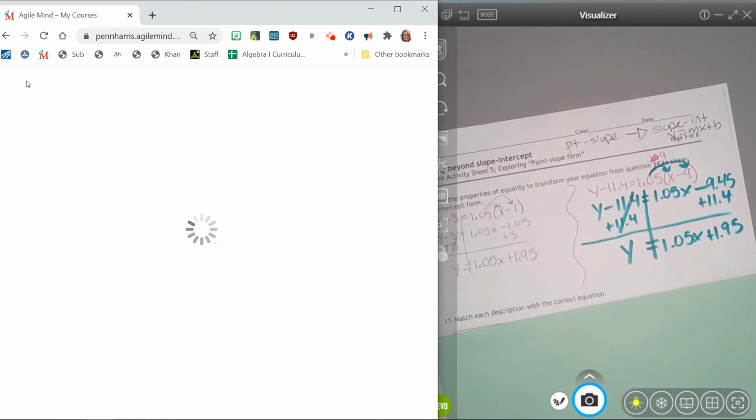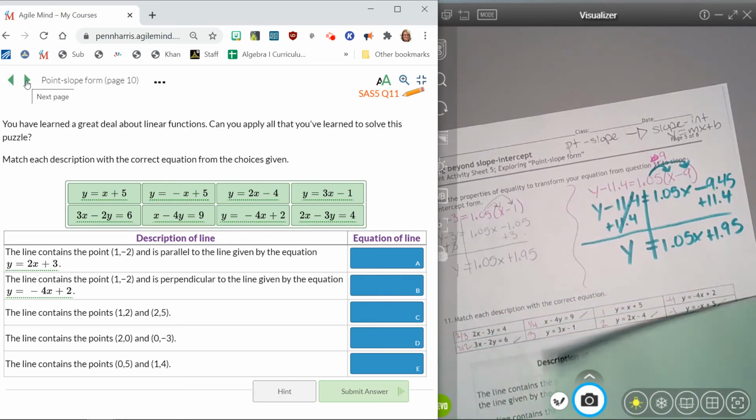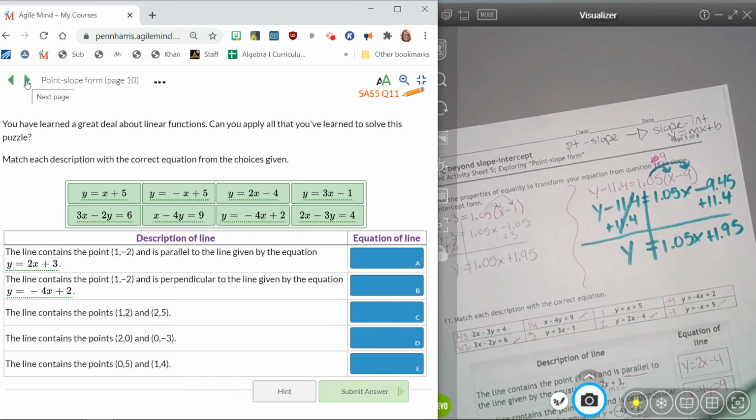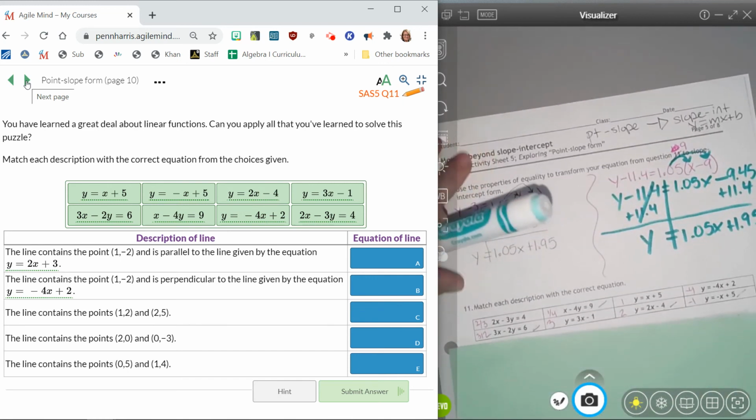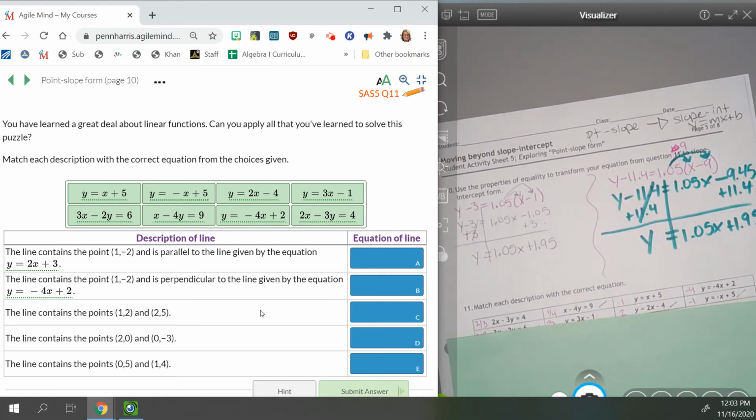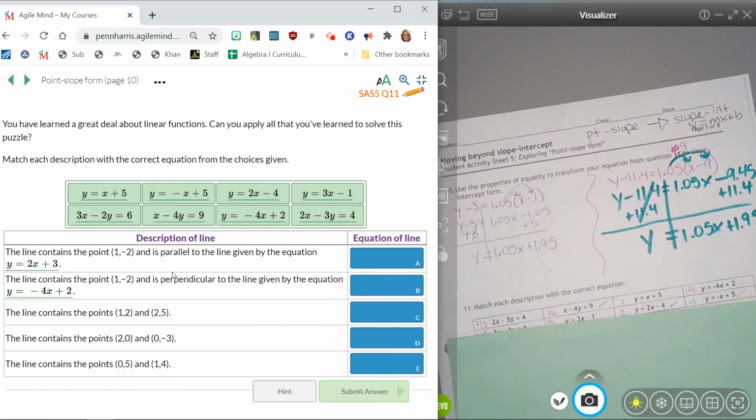So question 11 is a matching, guys. They want us to match each equation to the correct pieces of information. And just as a reminder, so review, because I'm looking at this and I see parallel, I see perpendicular.